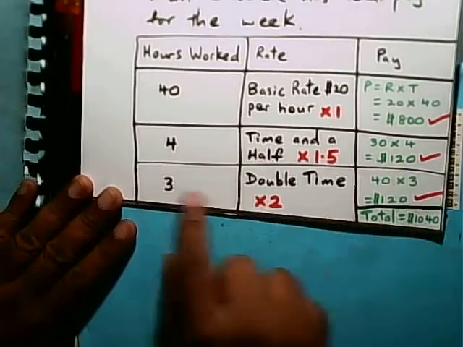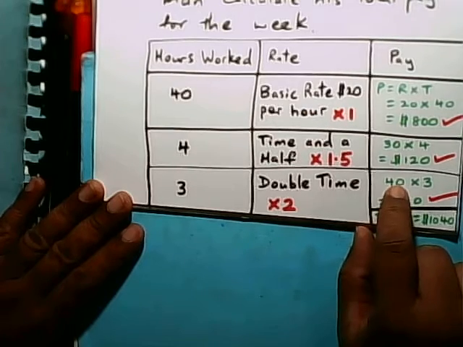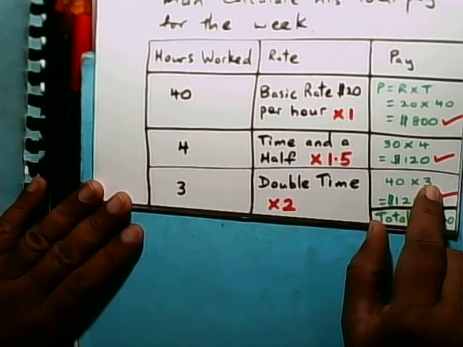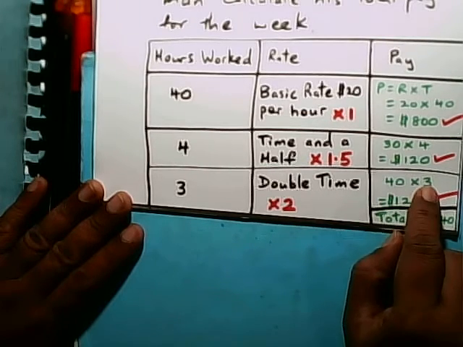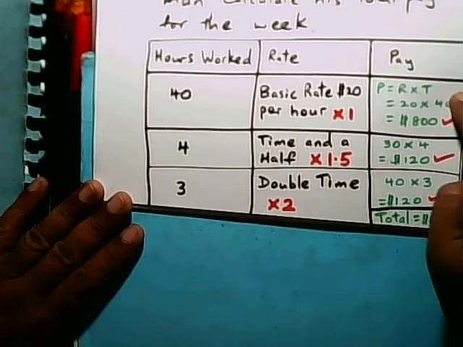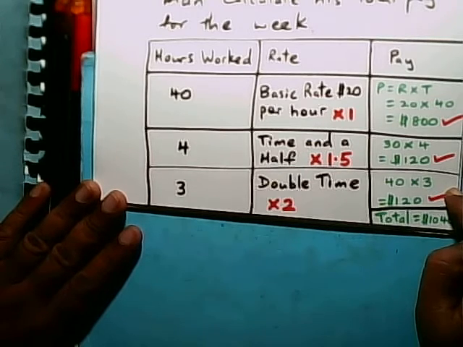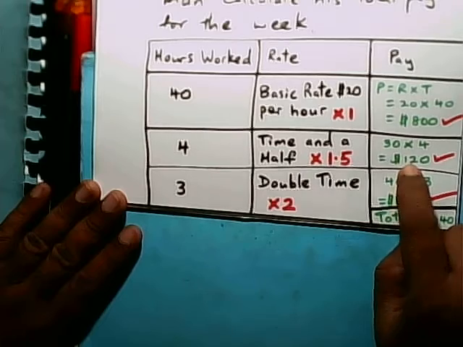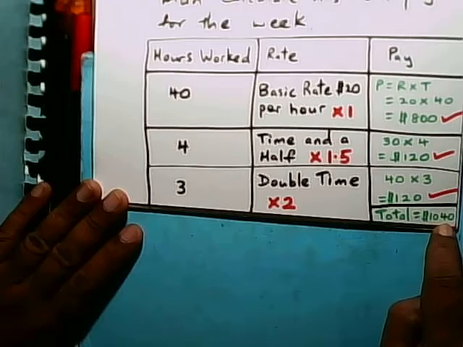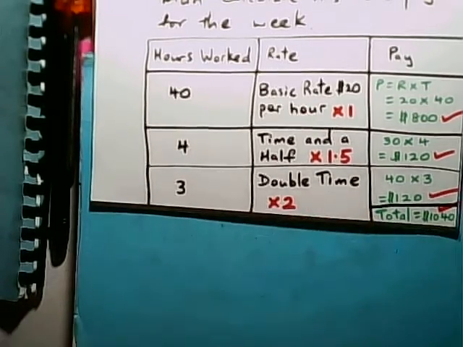Similarly, we have the double time, where the rate is now doubled. The rate is now $40 an hour. So it's 40 times 3, because it's rate by time. You get another 120. So now that's your pay for the different sections of work. And if you add it up, 800 plus 120 plus 120, you'll get a total of 1040. And that would be your final answer.